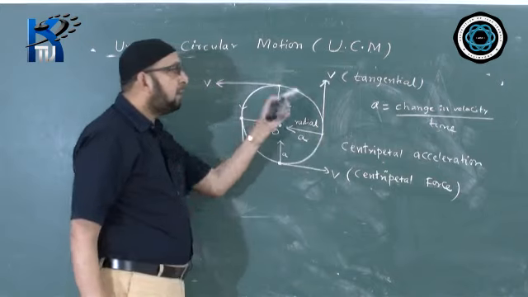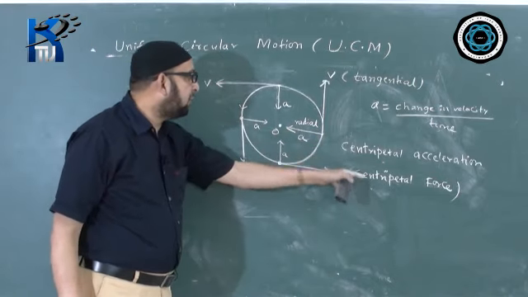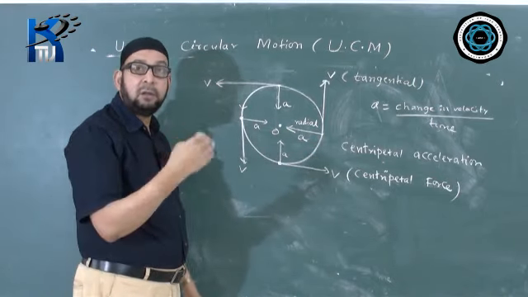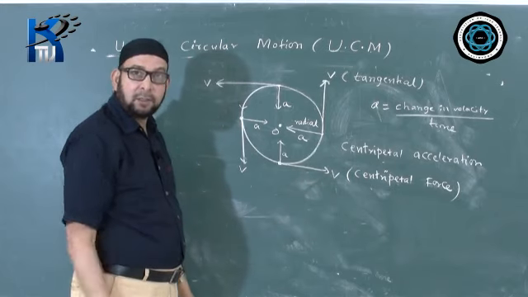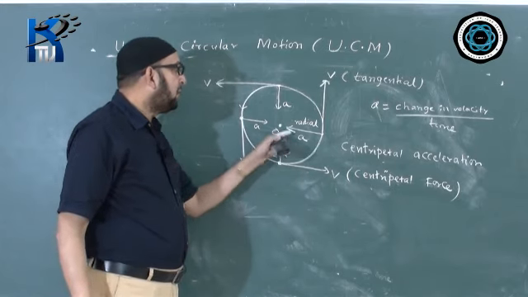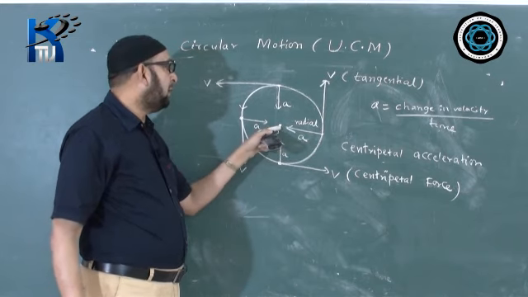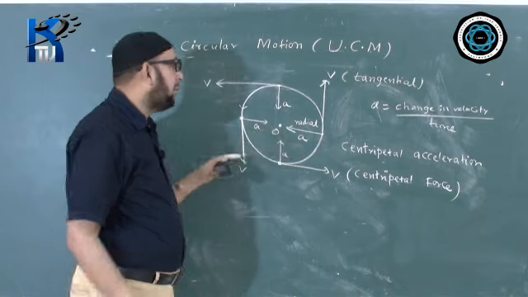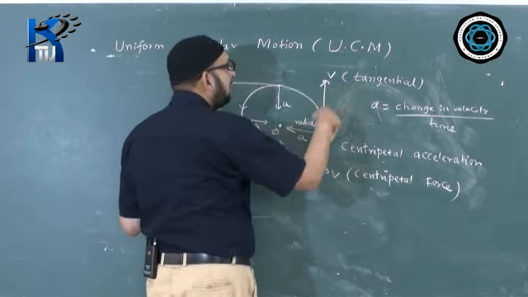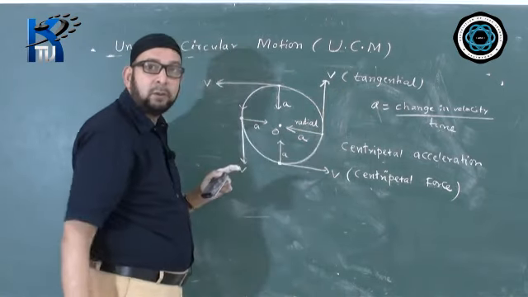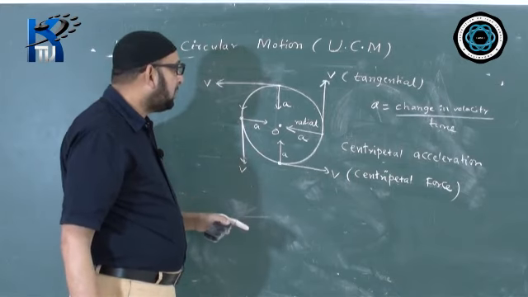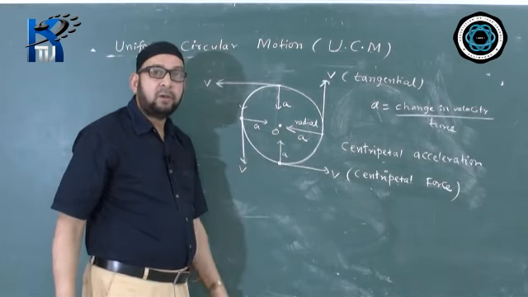Acceleration is radial, but velocity is tangential. Even the force is radial. Radial means along the radius towards the center. We can use the words either towards the center, or radial. Radially inward. Tangential means tangentially outward. So this would be the direction of acceleration and the direction of velocity.